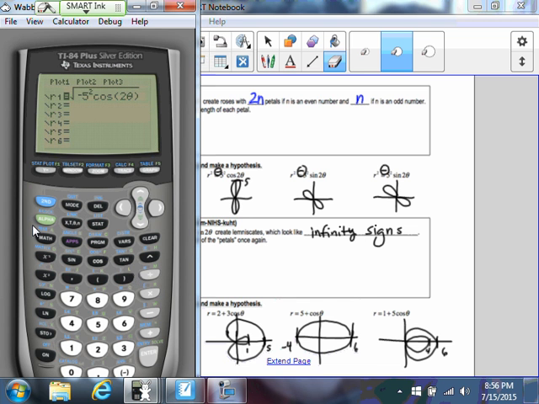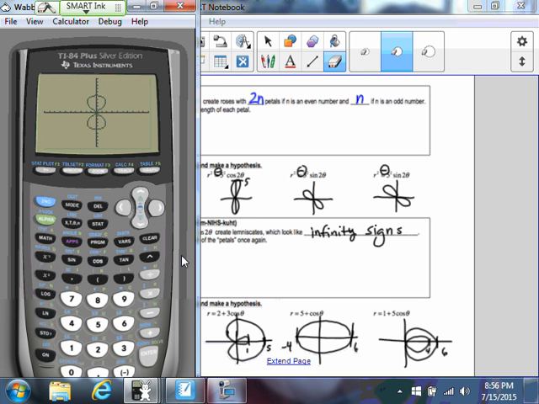And then on the next one, I'm just going to do the negative square root of the negative 5 squared cosine 2 theta. These are a little annoying to type out, a little bit longer. And when we do that, we get a little infinity sign.